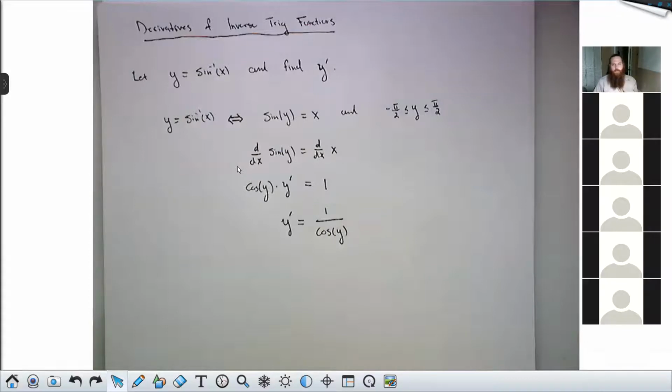If all I cared about was finding one tangent line, one point, then I could work with this. But what I really want is a formula for the derivative of the inverse sine function. I don't want it in terms of the variable y. I want it in terms of the variable x. I want to know what is d dx of the inverse sine of x.